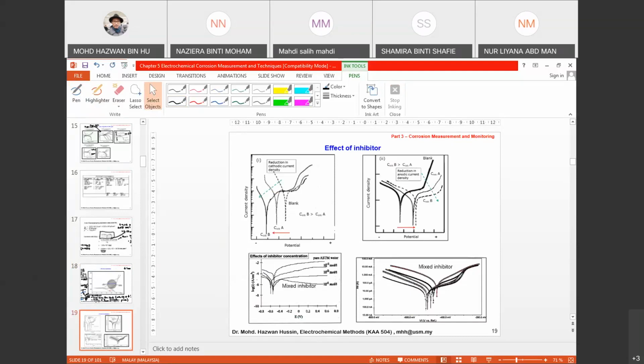So that is why when you look at this effect of inhibitor, you have different modes. You have a cathodic inhibitor. You can also have anodic inhibitor.